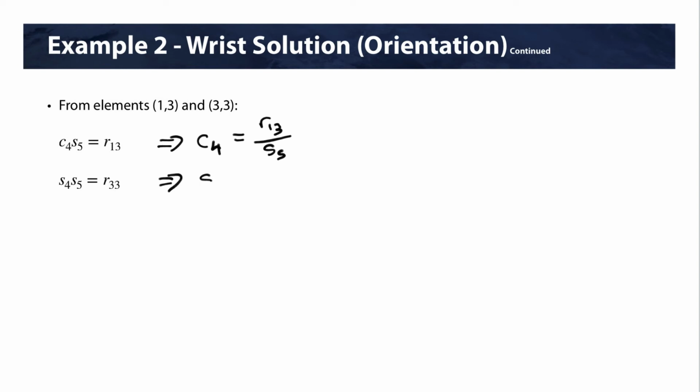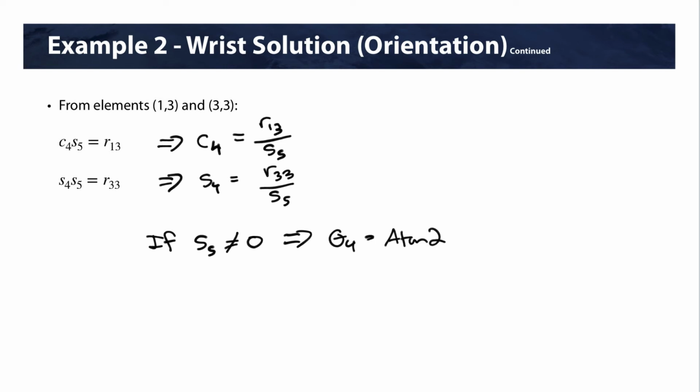And we're going to have S4 is equal to R33 over S5. Now, if S5 is not equal to 0, then our solution for theta 4 would be atan2 of R33 over S5 and R13 over S5, right?